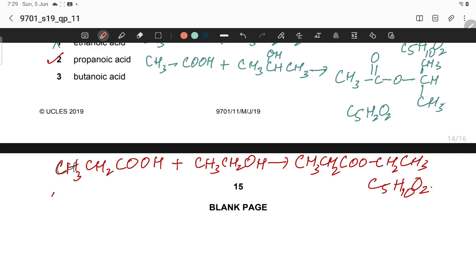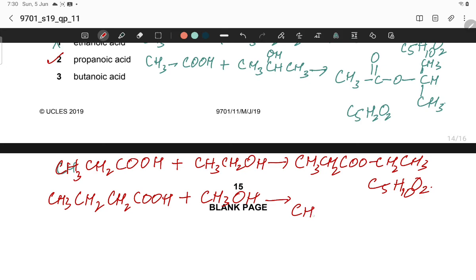Butanoic acid, CH3 CH2 CH2 COOH. And when this butanoic acid reacts with methanol, CH3OH, which has only one structure, it forms C5H10O2 like this: CH3 CH2 CH2 COO CH3 with formula C5H10O2.